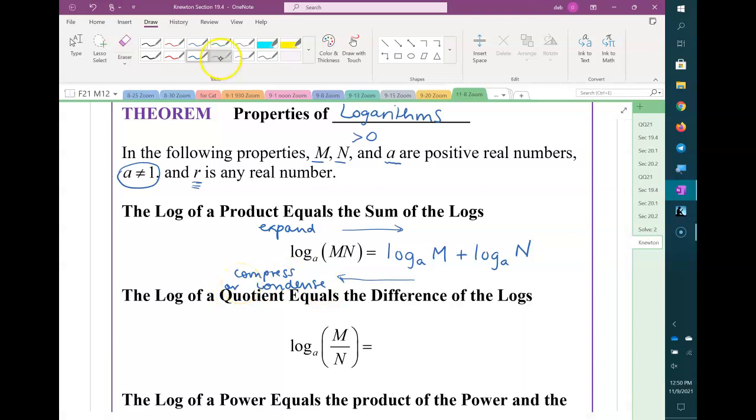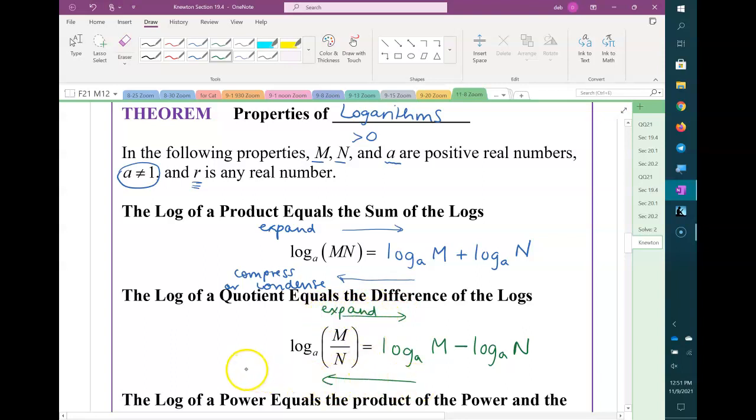Okay, then the log of a quotient says if I have a quotient as the argument of the logarithm, I can rewrite it as two separate logarithms with a minus in between. And again, if we use this left to right, we say we're expanding, and right to left, we're compressing or condensing.